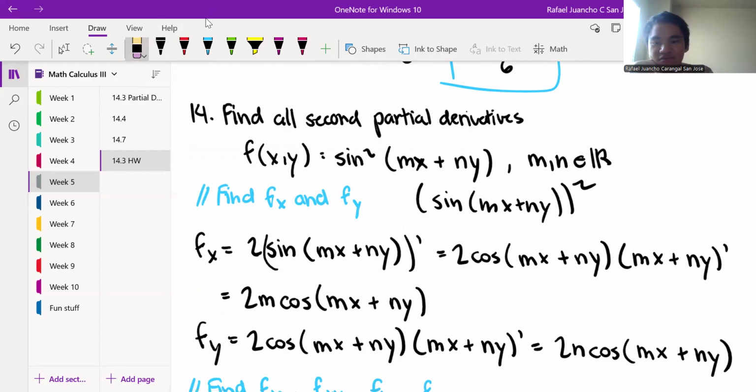If I take the derivative of that, I would get 2 times sine, and then the chain rule of this whole thing, which would be cosine and then chain rule of that.